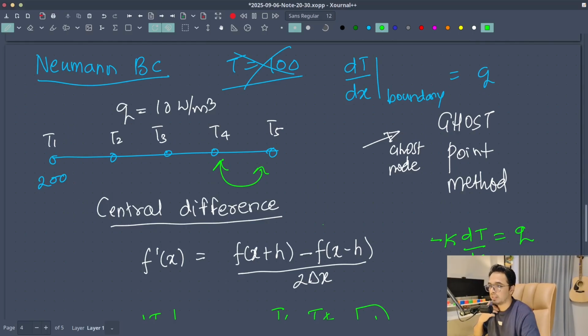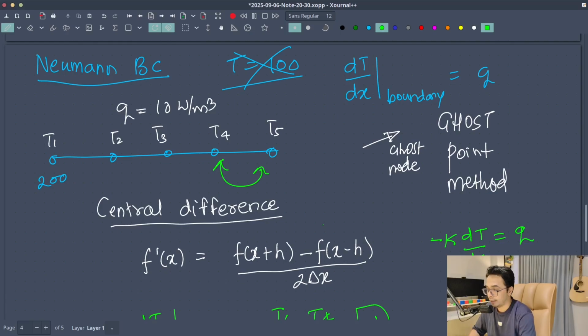So T5 minus T4 or T4 minus T5, depending on the sign convention that you have adopted, and divided by delta x or 2 delta x, and that is equal to whatever the value of q by k you get, that you can substitute and you can go ahead with that case.